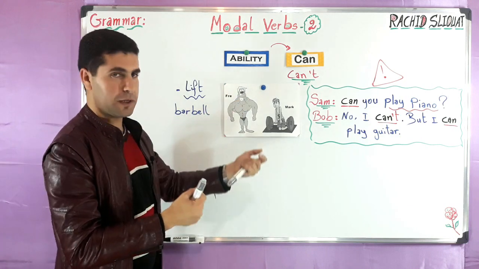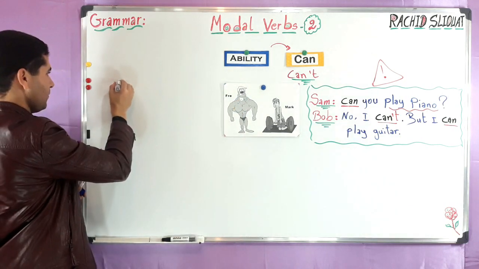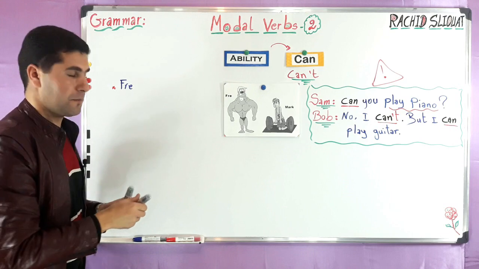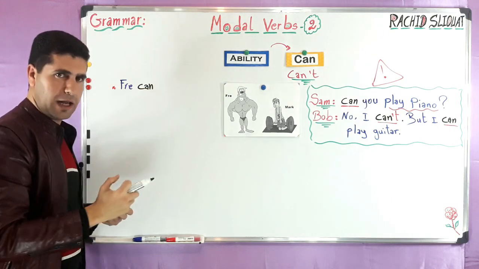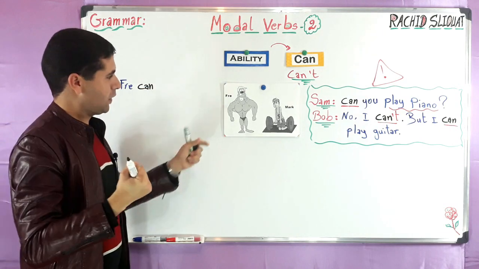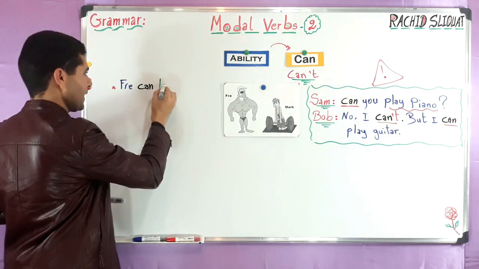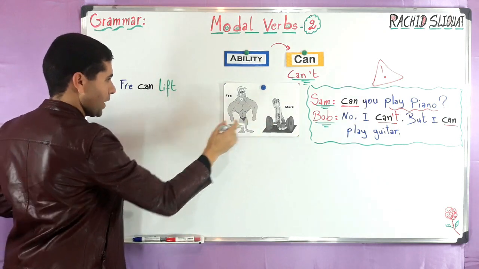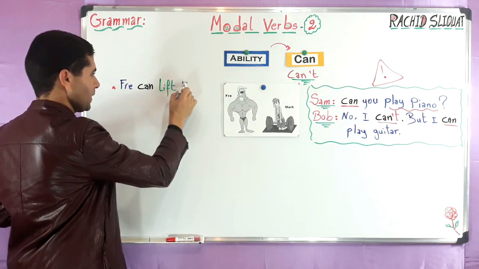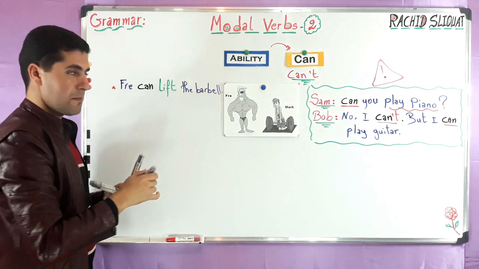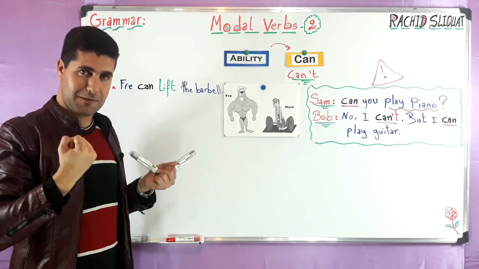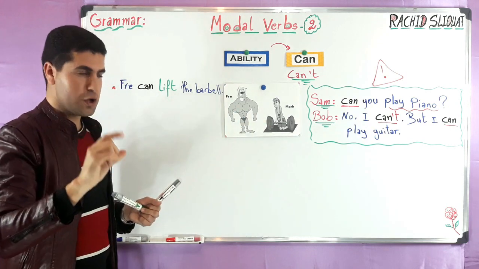So very simply here we can say that Free can lift this barbell. Why can? Because he is strong, as you can see, very strong. But do you think Mark can lift this barbell? No, because he is weak.